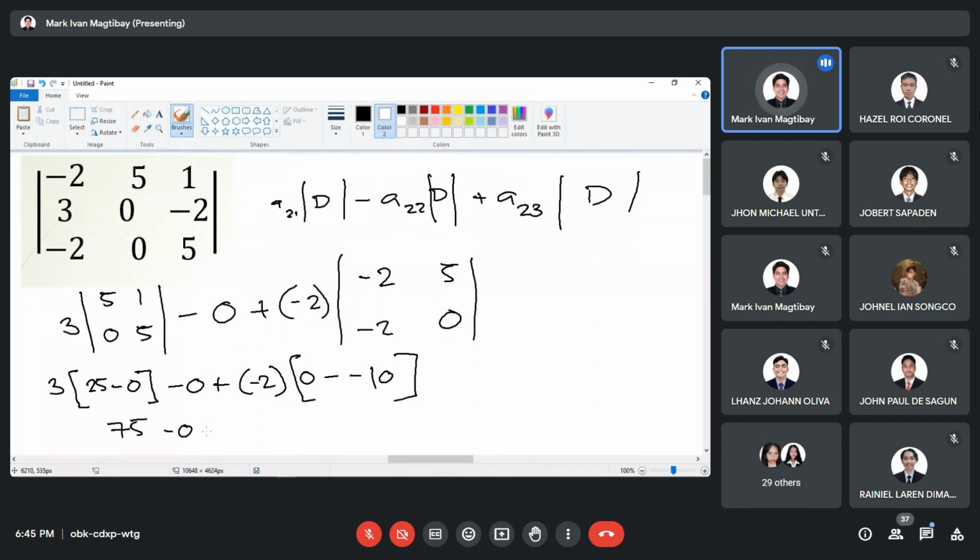Bakit para magiging positive 55 to? Oo nga. Oo nga, magiging positive 55 dahil ito kasi plus, positive, magiging minus. Oo nga, magiging positive 55.